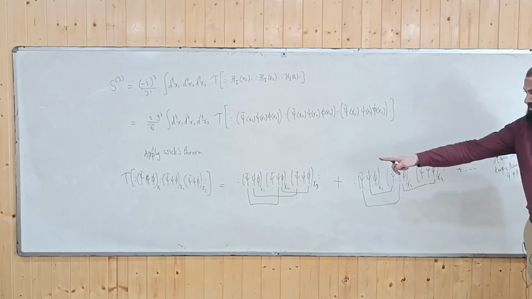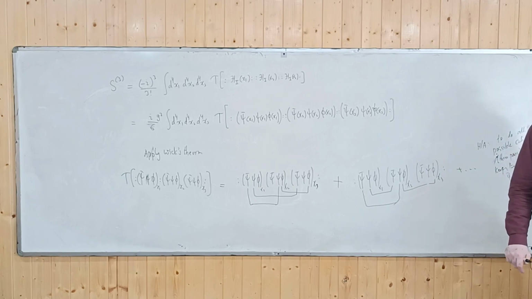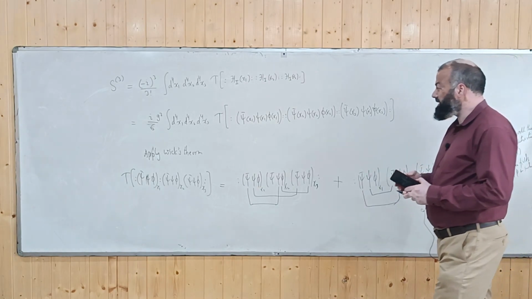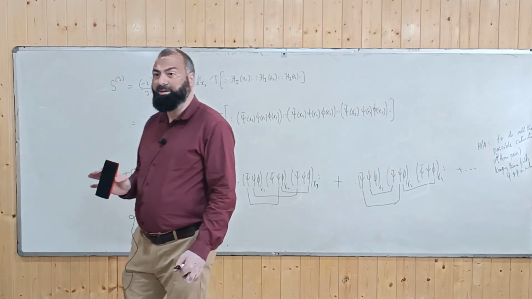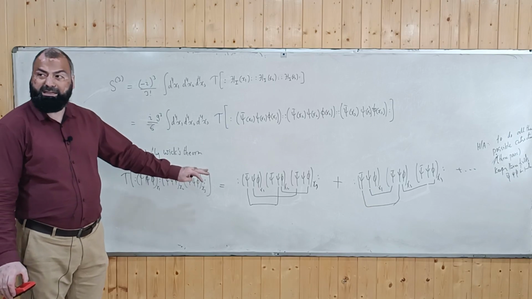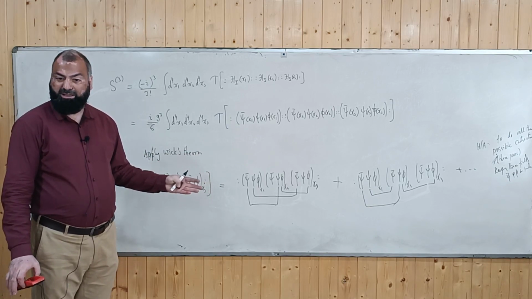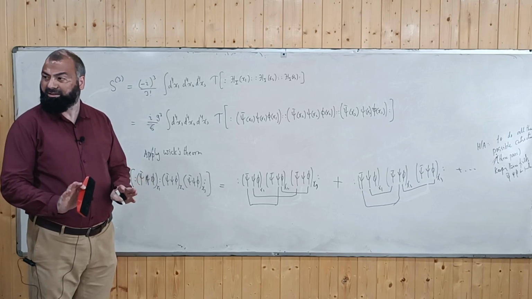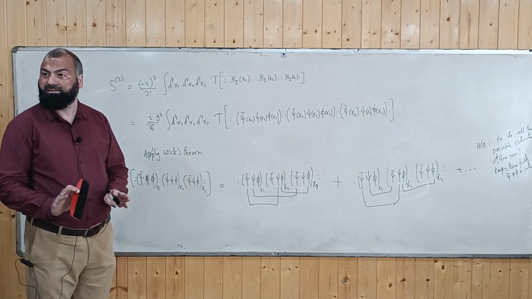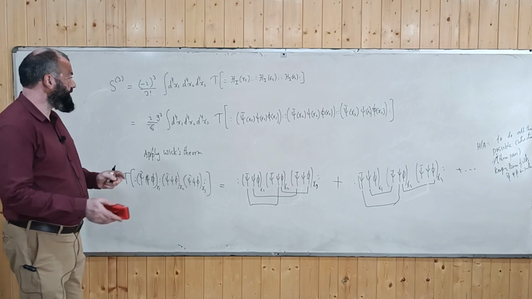So now let's try to understand the first term. Clear? If you have any problem here, just tell me. Because if you understand this very term, then it is very easy to do the Feynman diagrams. Clear? Any question?